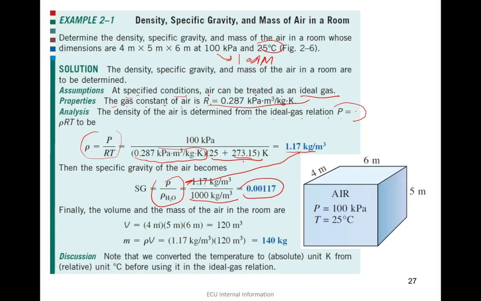And finally, the volume and mass of air in the room: volume is obviously the dimensions multiplied, and then mass is rho times V, since rho is mass divided by V, and it is 140 kilograms. Very simple things, but it is important for you to know how these work. Here we're talking about gases and how we need to treat them.